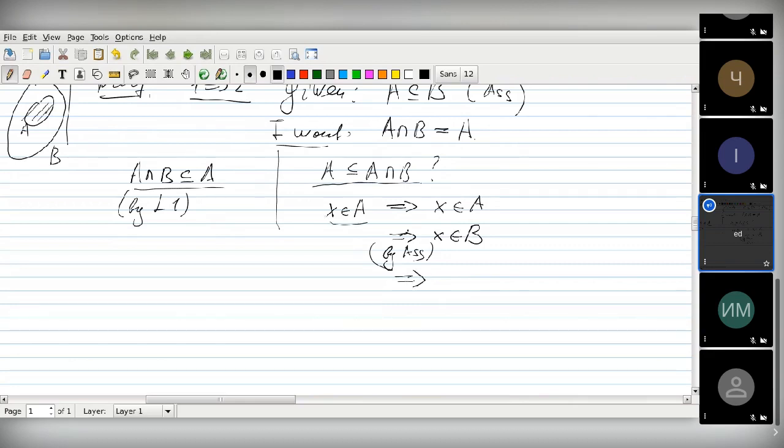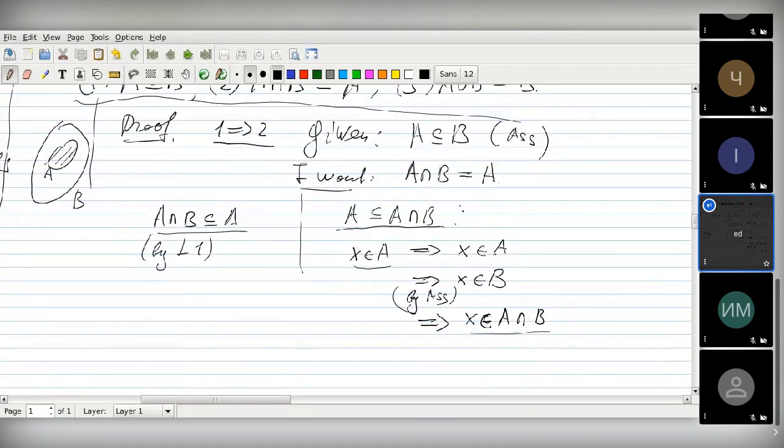So I see that every X from A is also from A and from B. So this X is an element of the intersection. Hence, every element of A is an element of the intersection. That means that A is a subset of the intersection. So I have proved both inclusions, whence the equality follows. Is it clear?